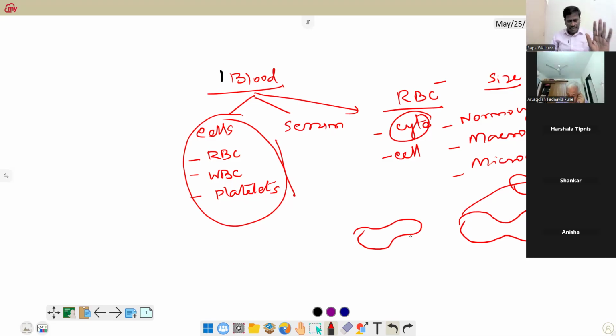Normally in a healthy person, the entire volume of the red blood cell will not be full of hemoglobin. Normally it is 1/3 of the volume. Only 1/3 of the RBC volume can accommodate the hemoglobin.